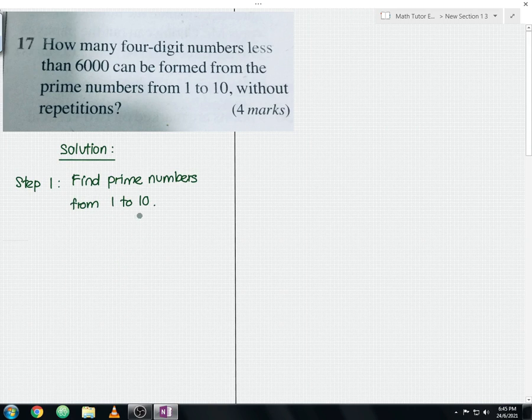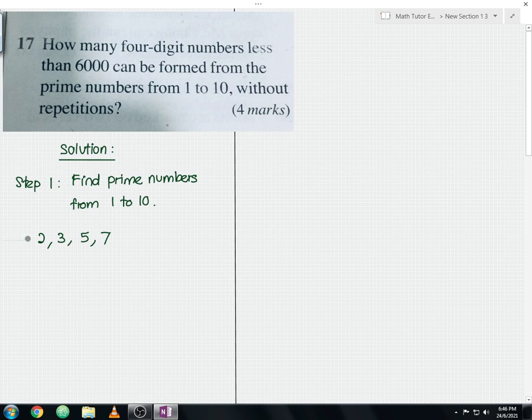Okay, so this is our first step. So in this case, from 1 to 10, you can have a prime number of 2, okay, and then 3, okay, followed by 5, okay, and then 7. Okay, you can only have 4 prime numbers, okay, within 1 to 10. So this is our first step.